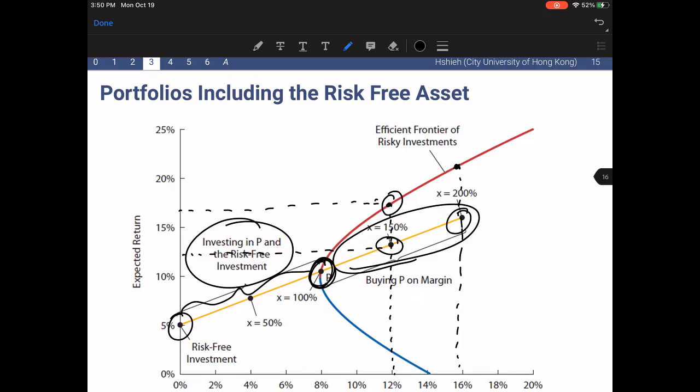But it seems that when it comes to this portion here, we could get better returns, right? Because for example, at this intersection here, right where the red and blue line touch each other, we can get less risk for the same return. So definitely there is a benefit to including the riskless asset in our portfolio for some circumstances.